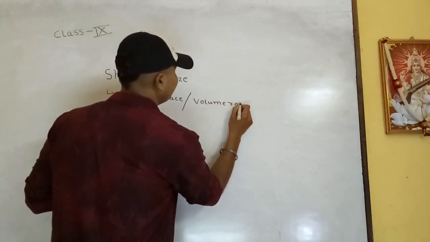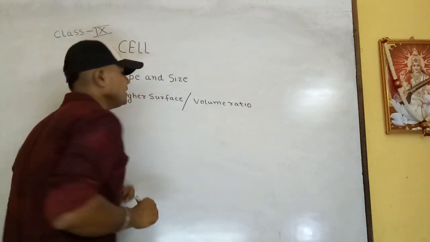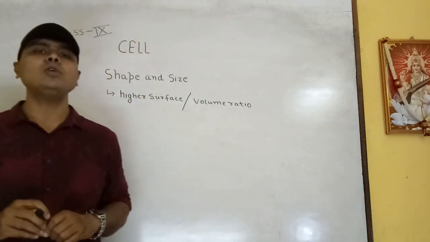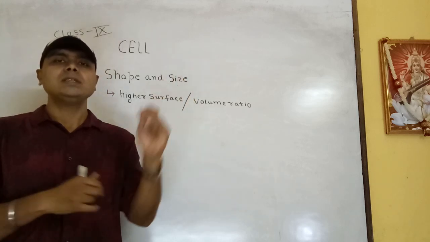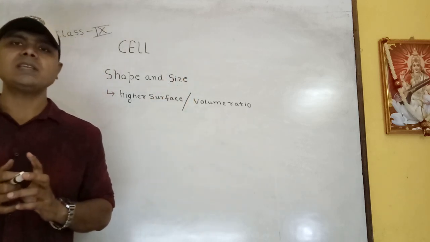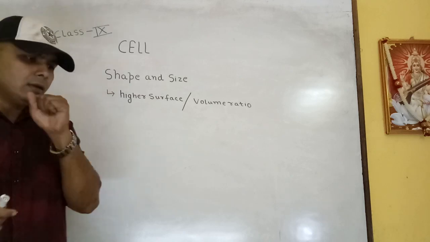That means they are smaller in size. The smaller size facilitates more transportation. Smaller size means larger surface area, which facilitates more exchange of substances in and out of the cell.